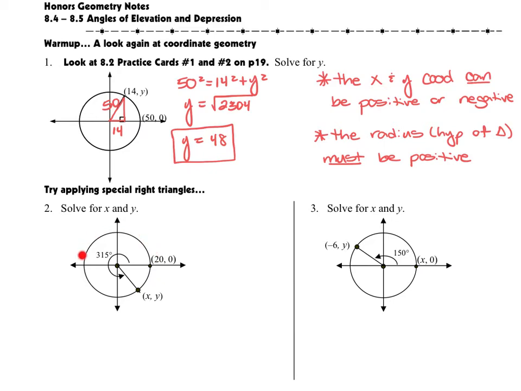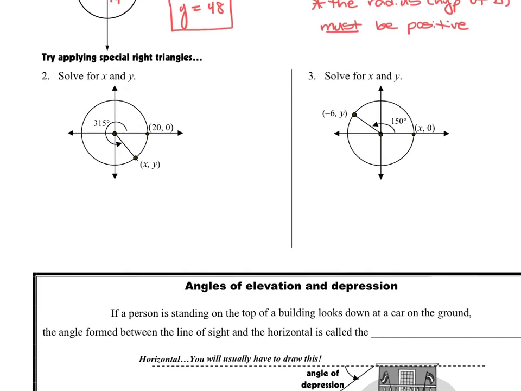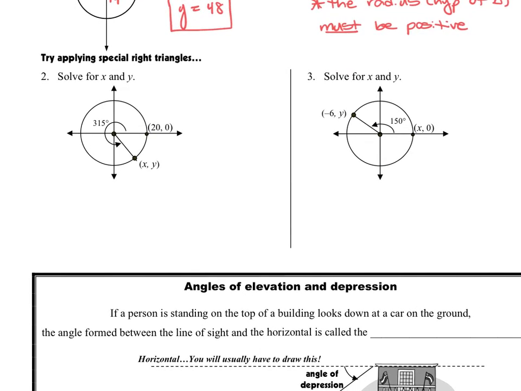Now, moving on to this next one, this is going to be a more advanced problem. Notice that the triangle is not all drawn in for us. So what we're going to indicate is that this number of degrees right here is 315 degrees.